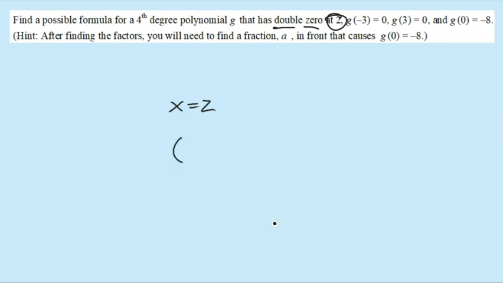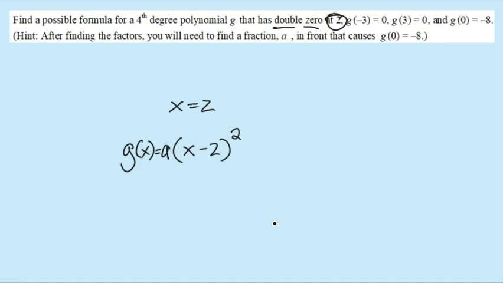That means that the factor that goes along with x equals 2, which is x minus 2, if we were to put a 2 in for x minus 2, 2 minus 2 equals 0. And it's a double 0, so the multiplicity is 2. So there's 2 of these. So there's an x minus 2 squared in this polynomial g of x. Now we don't know what the lead coefficient is here, so we're just going to put an a there.